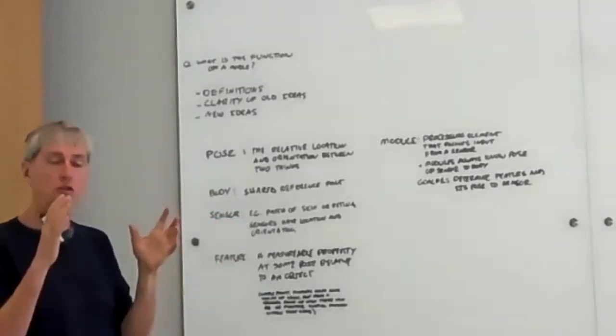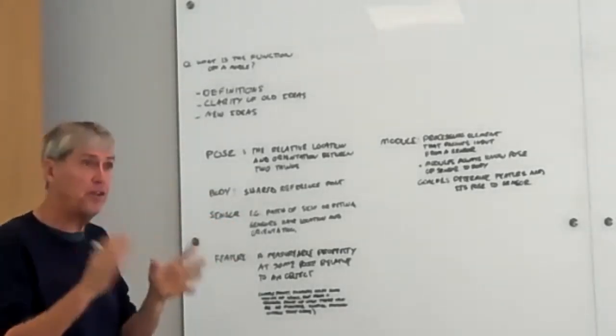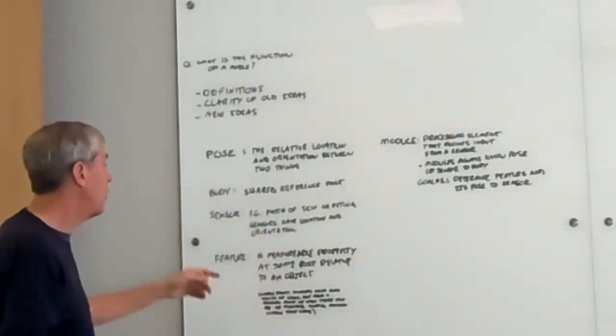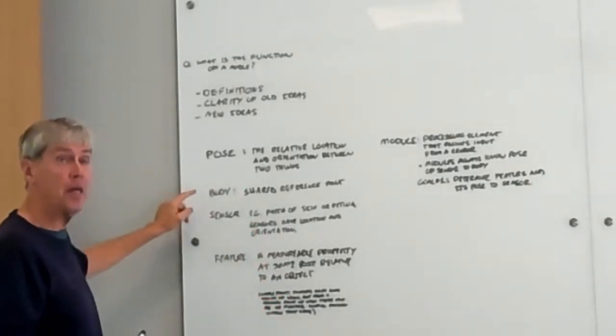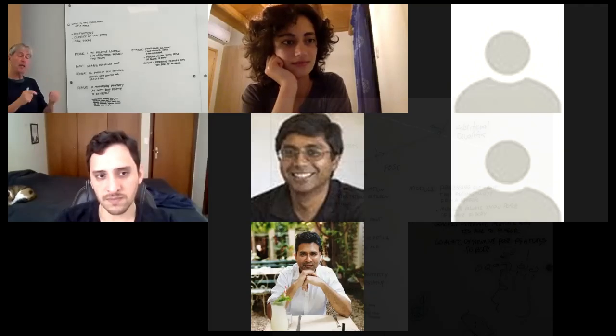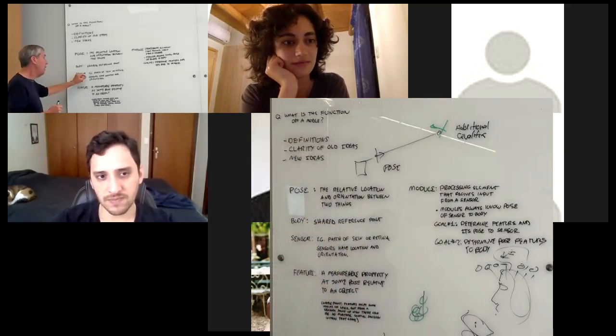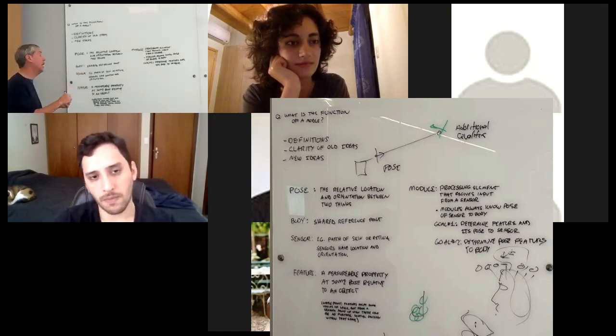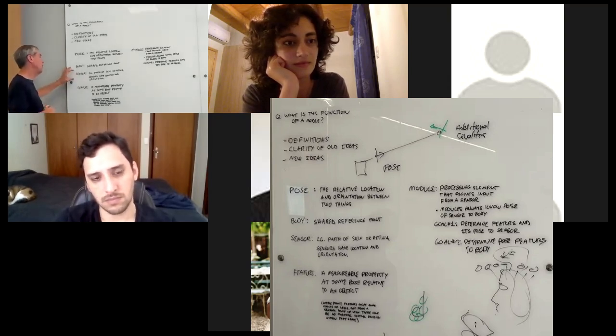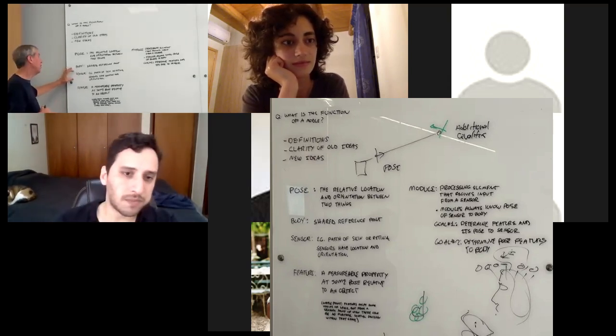So I can say, what is the pose of the sensor to the body? You can think of it as a point, a location, and an orientation. We'll get a little more detail about it when we talk about how it's processed.